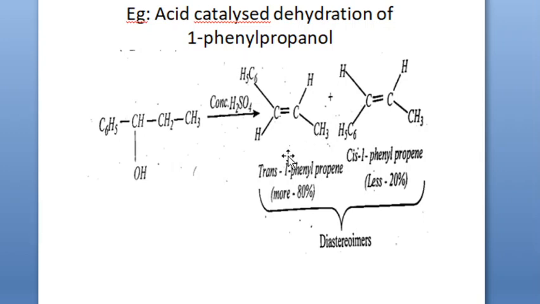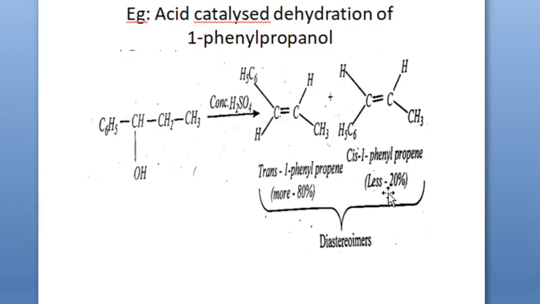So you got trans compound and cis compound as products. We already know that cis trans isomers are diastereomers, or geometrical isomers. Geometrical isomers are also a class of diastereomers.